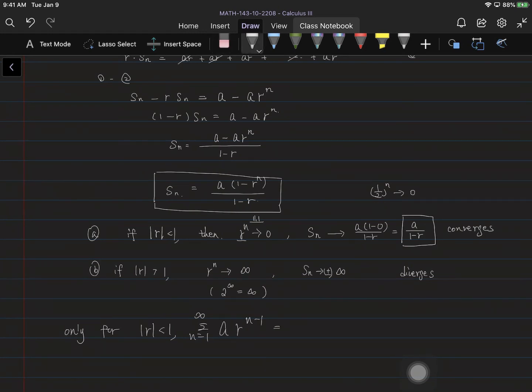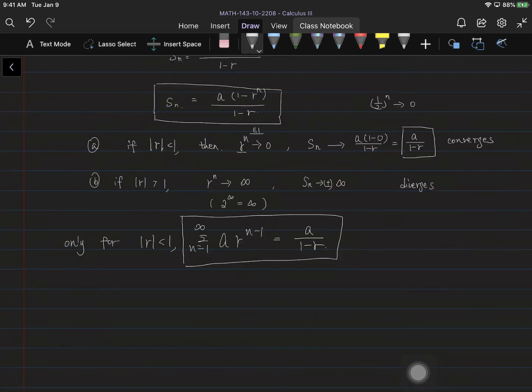And converge to which number? a over 1 minus r. Please remember this formula. And if the absolute value of r is greater than or equal to 1, that includes r greater than 1, and r equals positive 1 or negative 1, right? In this case, the series diverges.